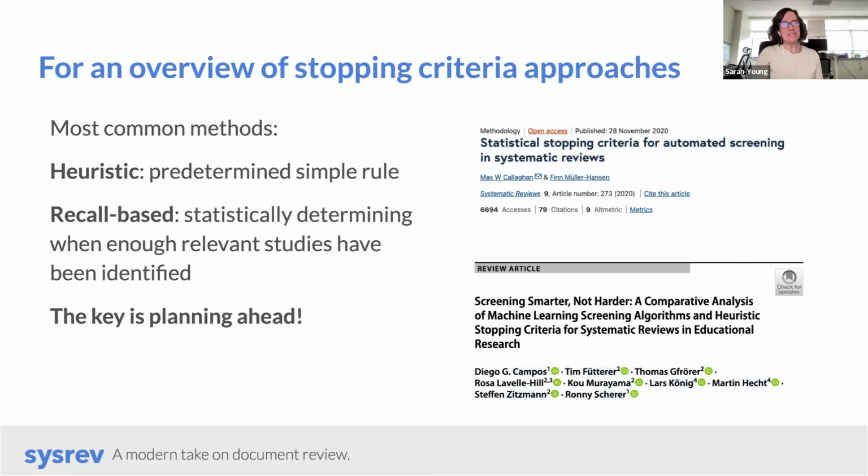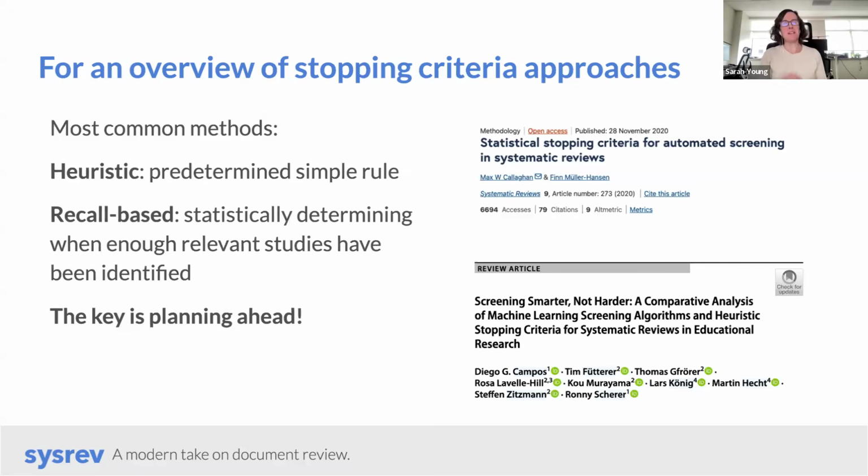And I think the real takeaway here is that it's really important to plan ahead. So if you're working with researchers who really want to use prioritized screening to limit or to stop screening at some point, and again, move to a single human screener, for example, they really need to think ahead about what method they're going to use to decide when to stop, because the way you screen could impact the different options you have downstream.